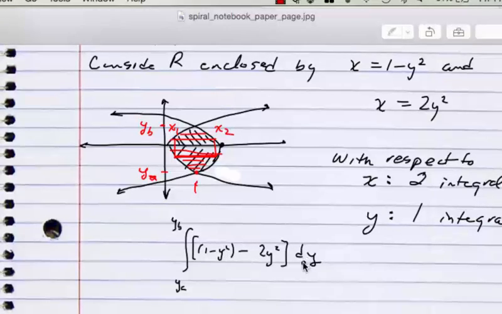If you're doing it in terms of y, then your bounds are going to be y bounds. And it makes sense because your typical strips are horizontal. So the first one's at the bottom, and the last one is at the top.